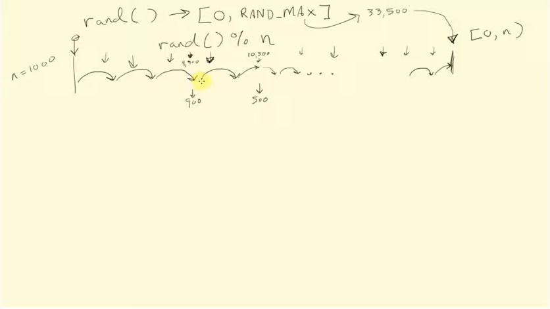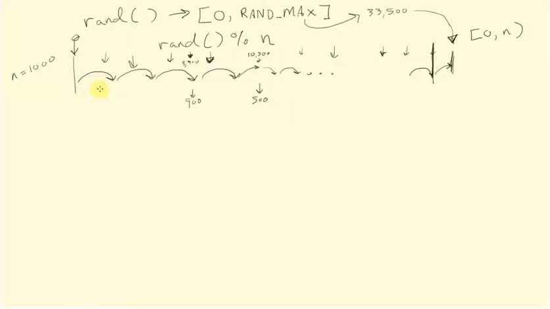The solution is to do this. Find a new range, which is 0 to some number where that range can be divided into equal parts of size n.